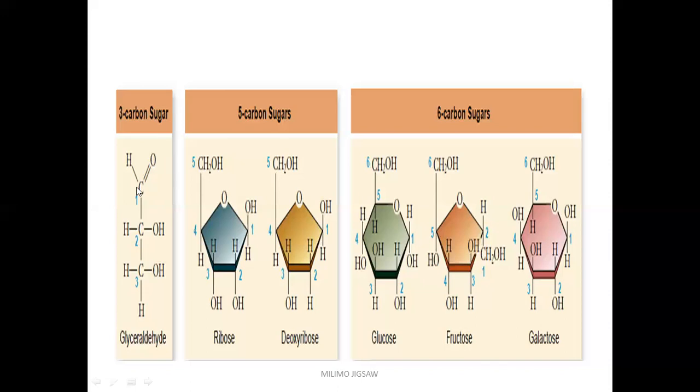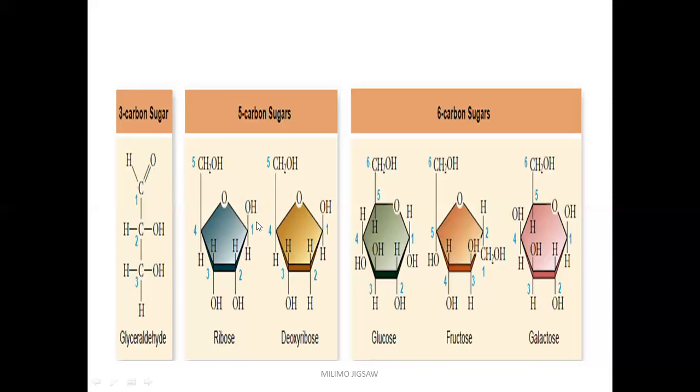So that carbon bonded to the oxygen by a double covalent bond will be the first one, it will be numbered as 1. And then the next one will be 2, the other one will be 3.